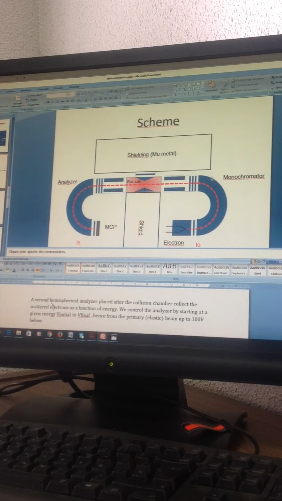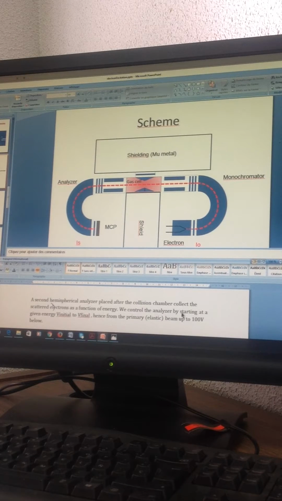A second hemispherical analyzer, which is here, is placed after the collision chamber, which is the gas cell here. And the goal is here to collect the scattered electrons as a function of energy.